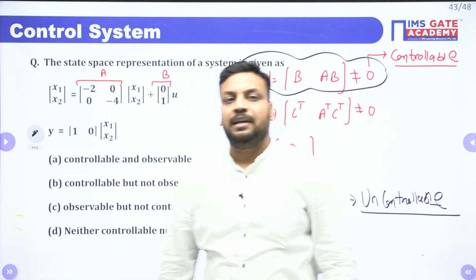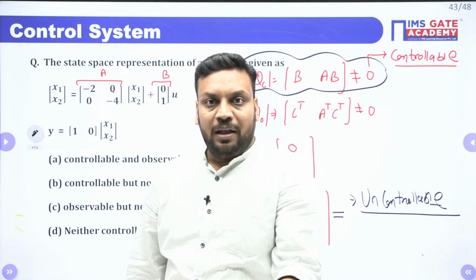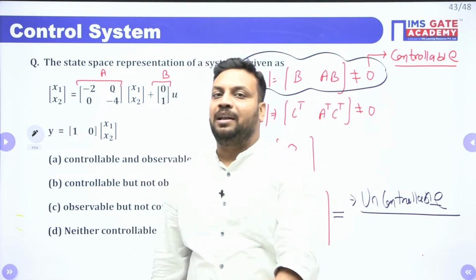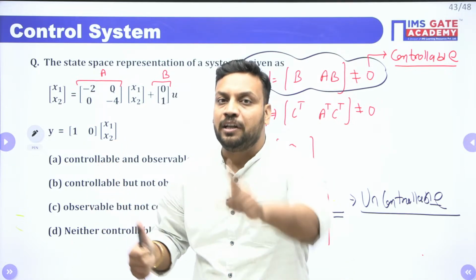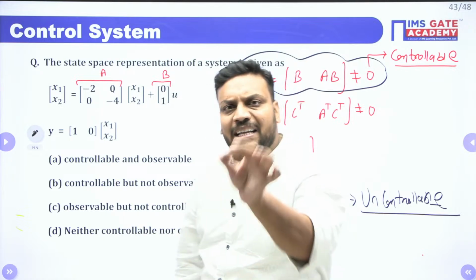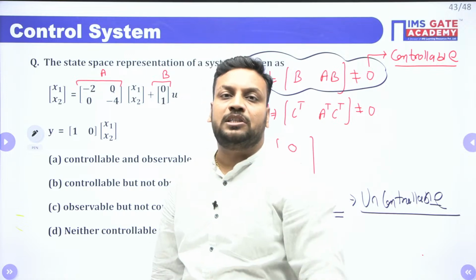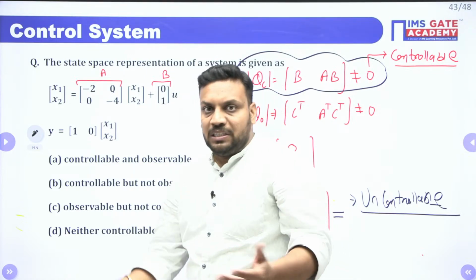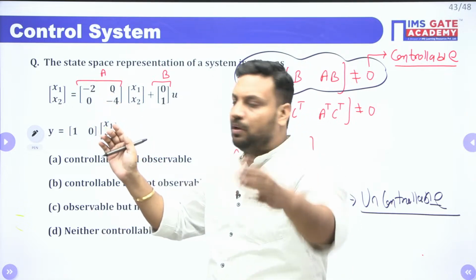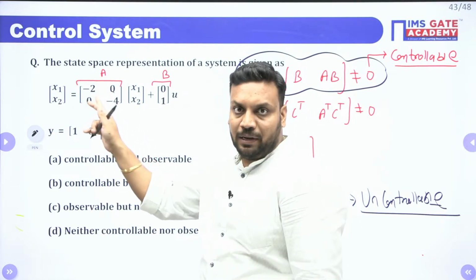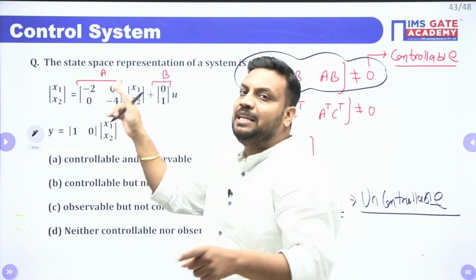I am repeating my sentence. To make the system controllable, if the A matrix is a diagonal matrix, then the B matrix must have all coefficients non-zero. If any single coefficient is 0 in the B matrix, then the system is not controllable. Now what is the trick? Once you observe that the A matrix is diagonal, to check controllability you immediately check the B matrix.